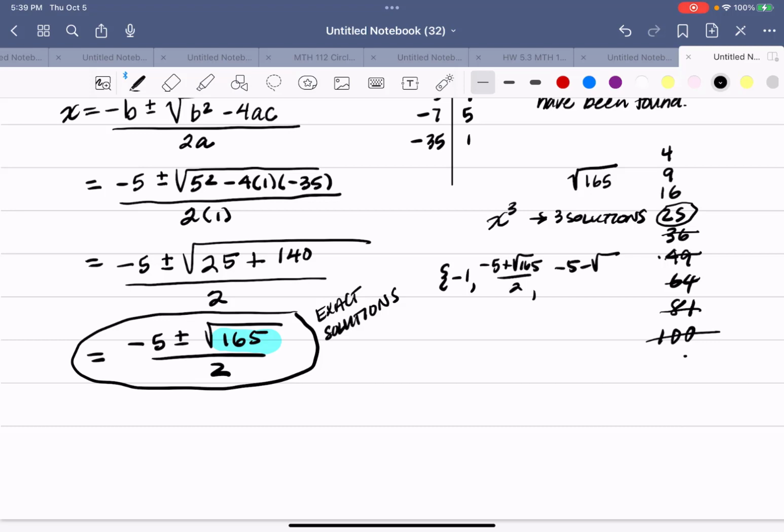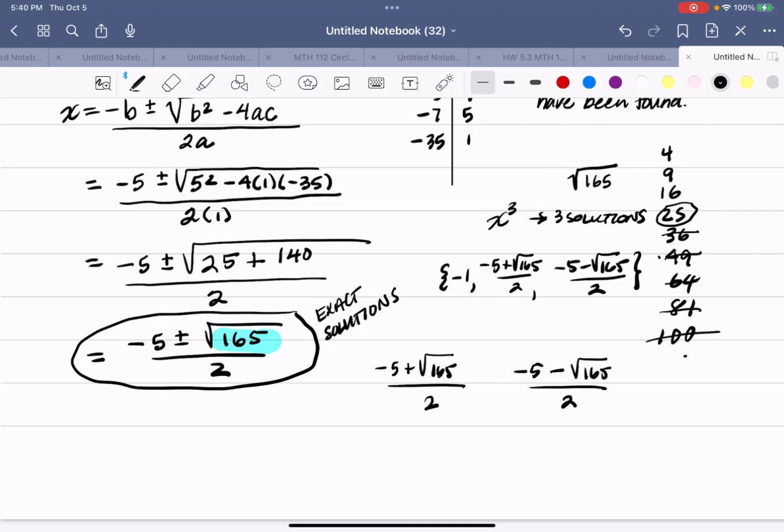But they did ask for decimals, so we'll go ahead and write them as decimals. So -5 plus the square root of 165 over 2, and -5 minus the square root of 165 over 2.